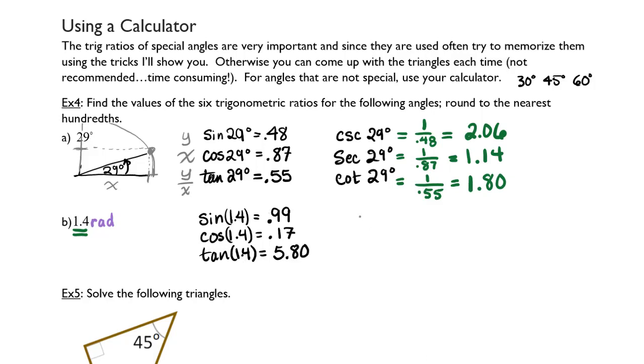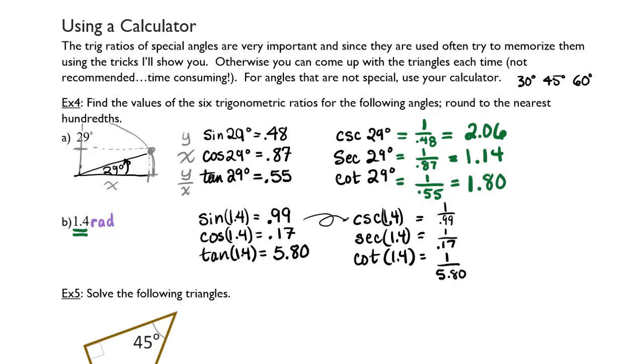Quickly, we have cosecant of 1.4, secant of 1.4, and cotangent of 1.4. And again, I'll just calculate 1 over 0.99, 1 over 0.17, and 1 over 5.80, because remember, these are reciprocals of the first 3 trig ratios.